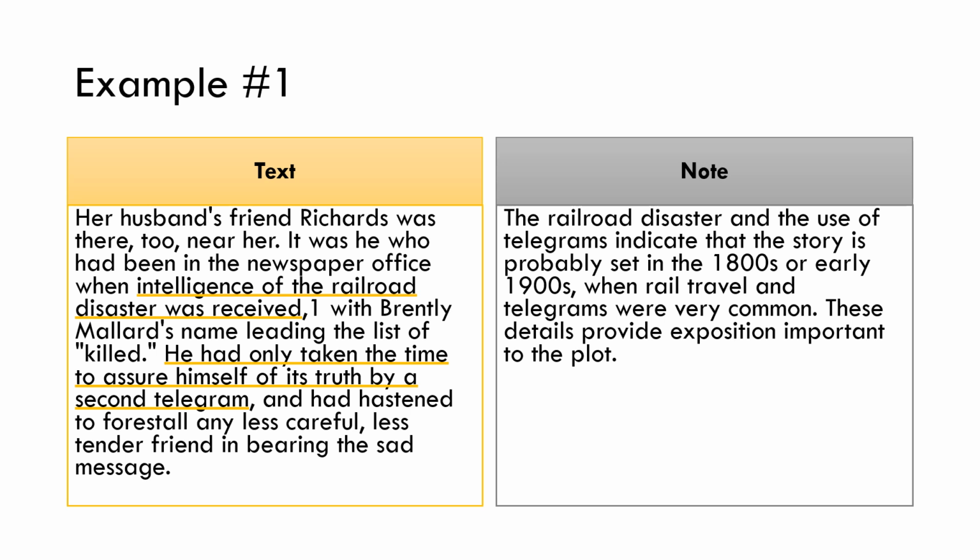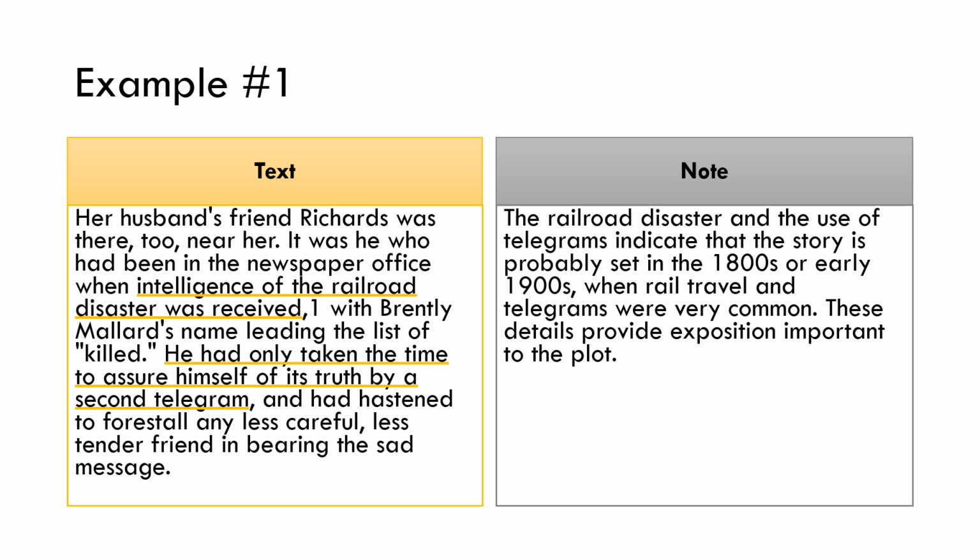He uses these details to determine that the story is likely set in the 1800s or early 1900s, when telegrams and rail travel were common. After establishing the time period, he can make inferences about how the setting relates to the plot.